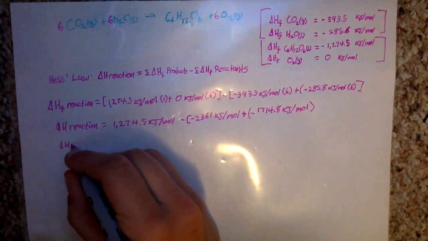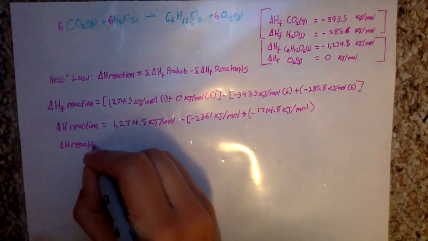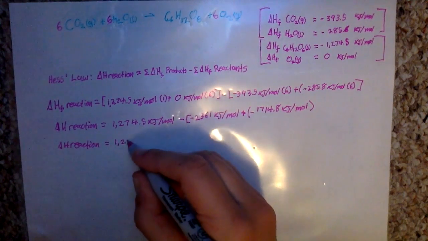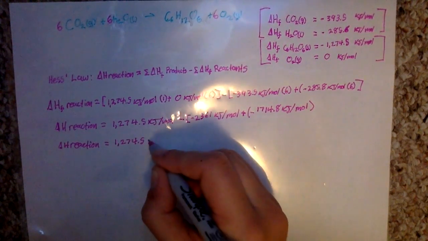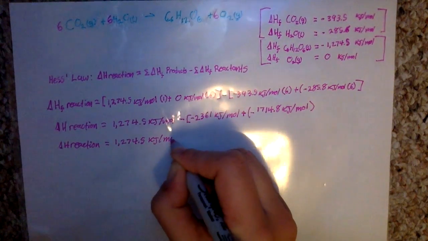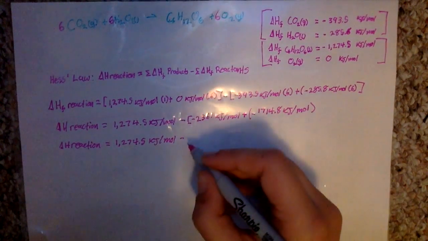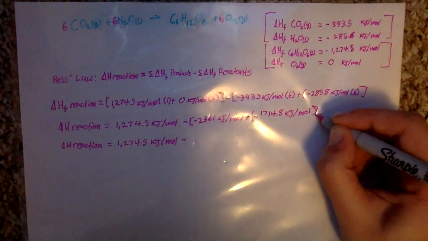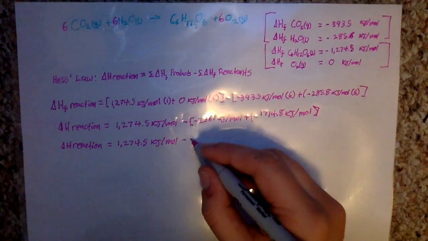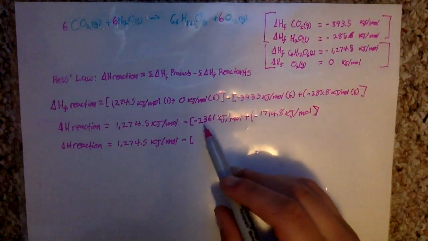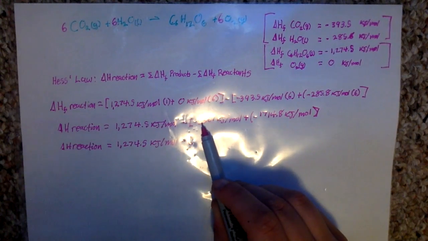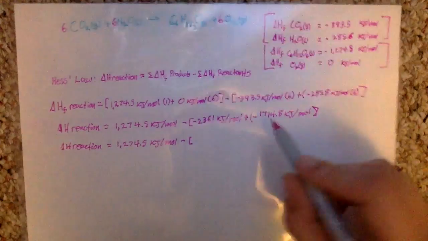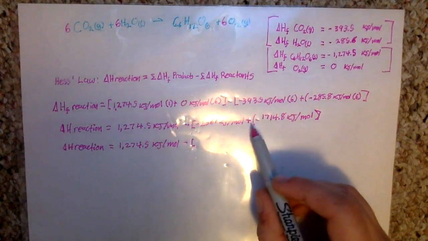So we have our heat of reaction is equal to our products, here 1,274.5 kilojoules per mole. And then it's going to be minus whatever is here in our reactants. And so here we have negative 2,361 kilojoules per mole plus a negative number, and so that means that it's just going to be minus.